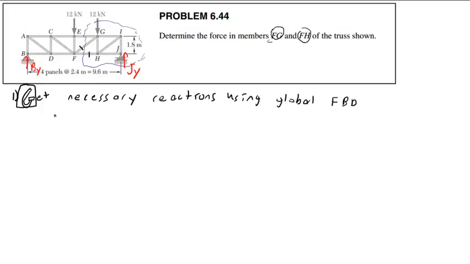Get necessary reactions using global free body diagram. Sum of moments about point B equals, so each of these is 2.4 meters. This is going to be clockwise, clockwise, counterclockwise: negative, negative, positive. Negative 12 kilonewtons times a distance of 4.8 meters, minus 12 kilonewtons times a distance of 6.2 meters, right?